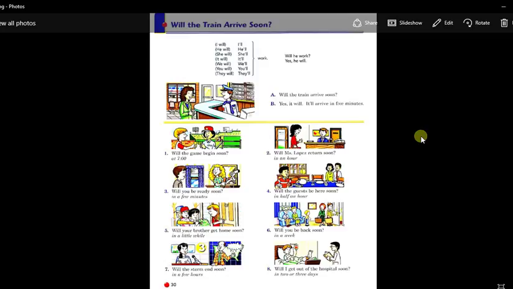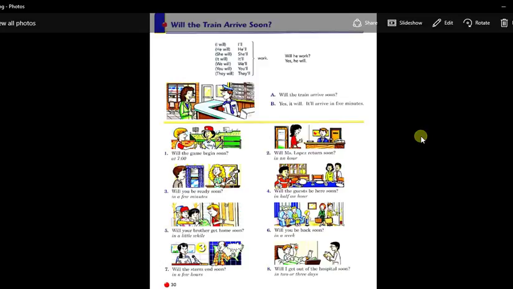Okay, so here we have, will the train arrive soon? That is the title of this page, and this is all about the simple future tense using will. Here, as you can see, you are going to follow a pattern.